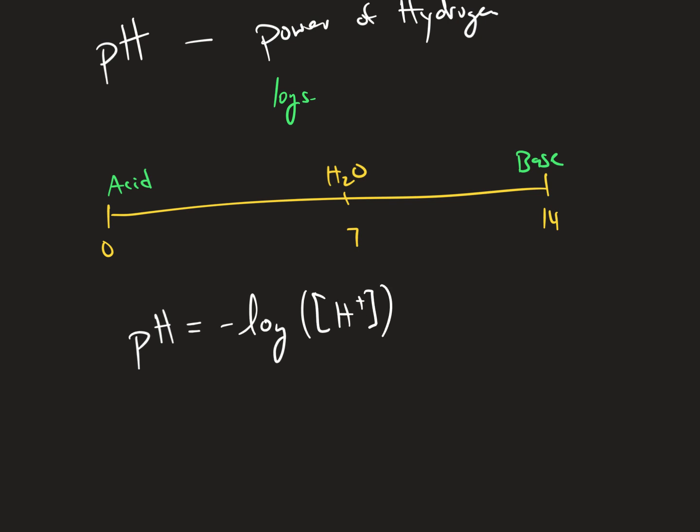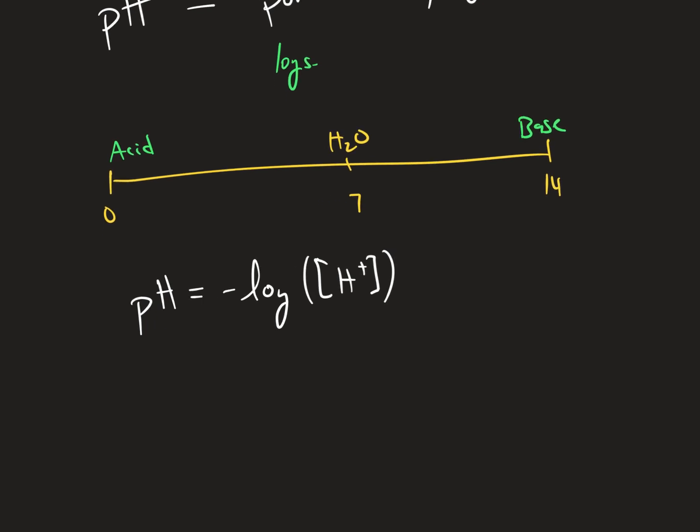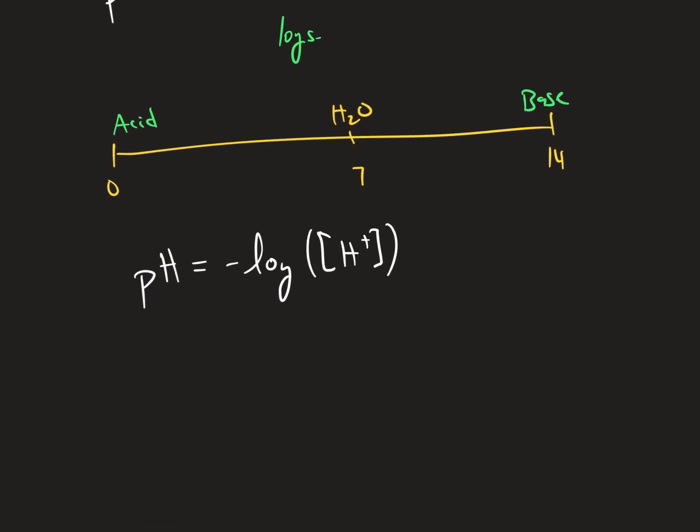Remember when you put it in brackets, that means it's concentration, right? And another equation that we could use is the pOH, which is equal to the negative log of the hydroxide ion concentration.